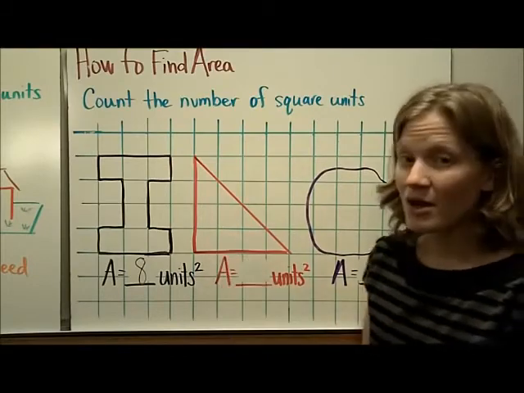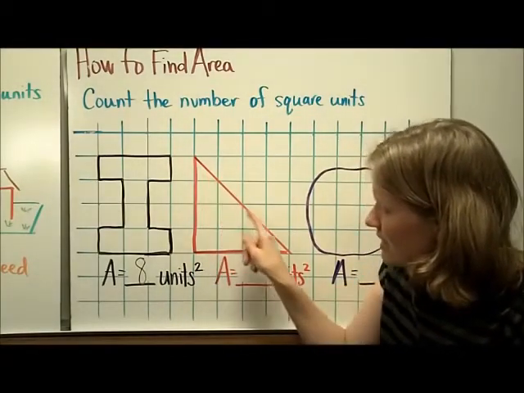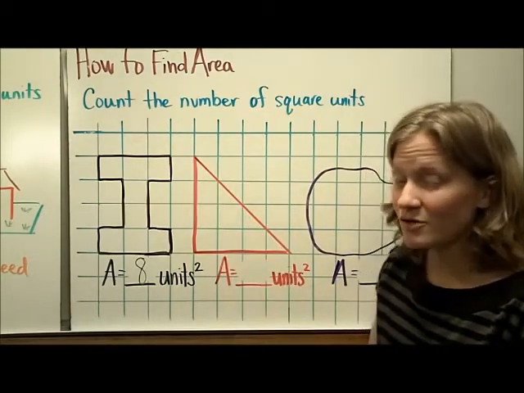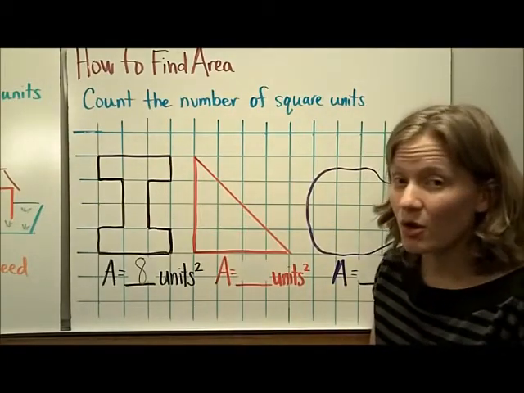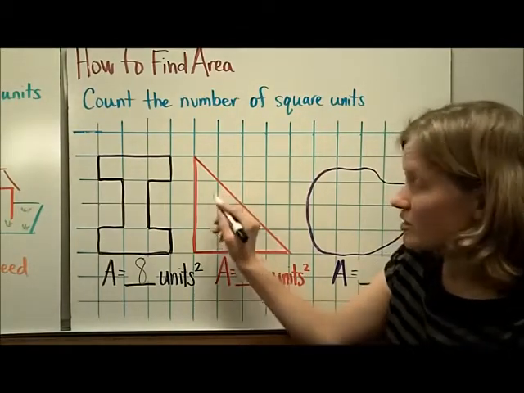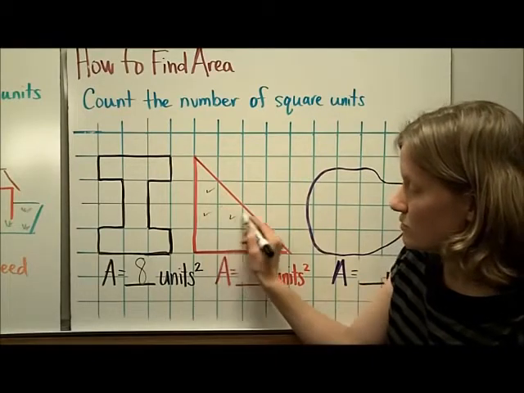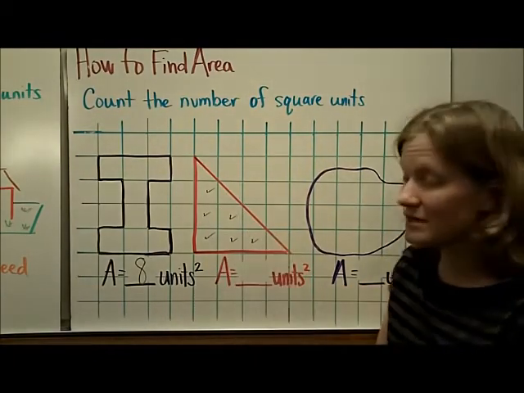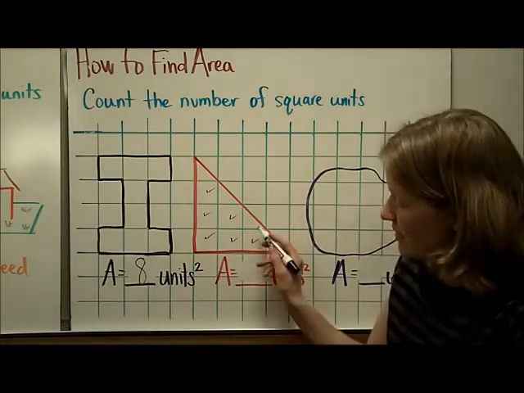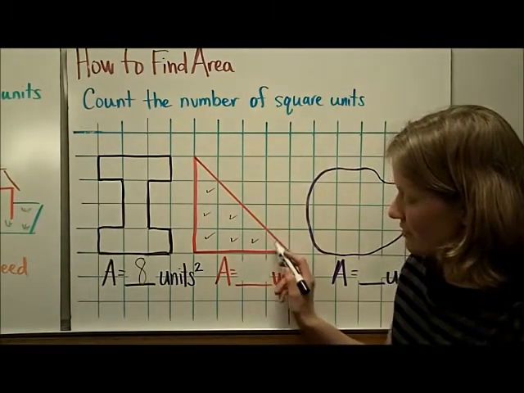This triangle here, we notice that it has some points where it's taking up part of a square unit. So the first thing to do is to find the total number of full square units. I'm going to put a check in each of those boxes that are full. 1, 2, 3, 4, 5, 6 full square units. And then you can see that this right here is half a square unit and another half a square unit.